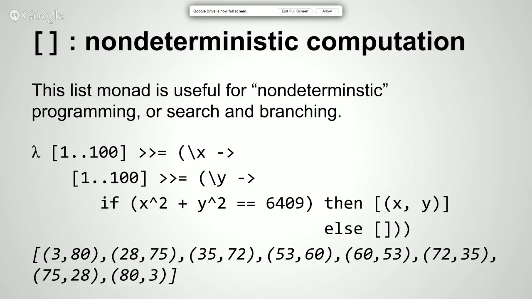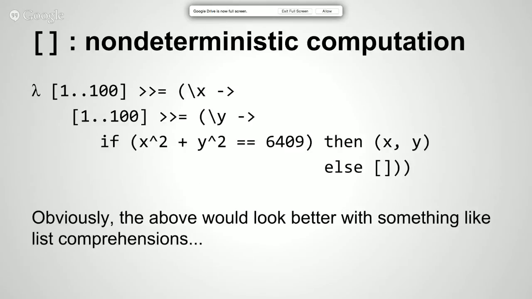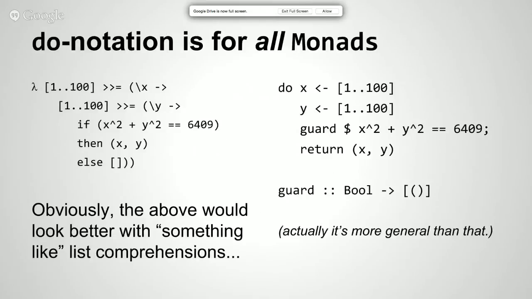But can you write this as like do and then draw x from? That's what I'm getting to next. So wouldn't we want something like list comprehensions for that? Well, we have list comprehensions independent of that, but we also have do notation. And that's what do notation is on the list monad. On the IO monad, it's sequencing and assignment of intermediate values, but on the list monad, it's list comprehensions.